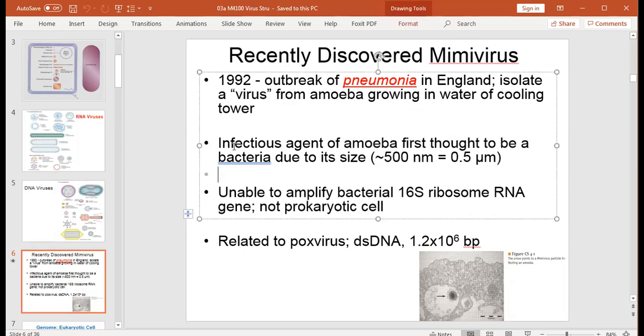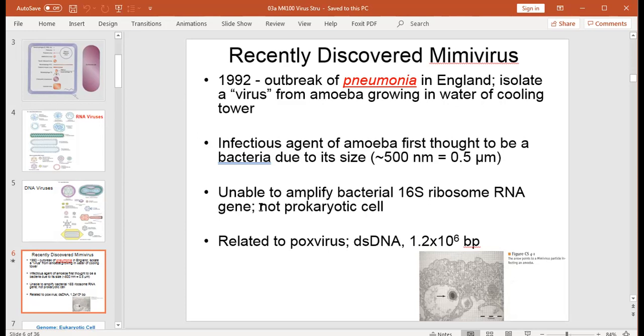was a bacteria due to its relatively large size, about 500 nanometer, which is equal to 0.5 micrometer. However, they were unable to amplify bacterial 16S ribosomal RNA gene. This is a reference gene for degrees of homology within a genus.